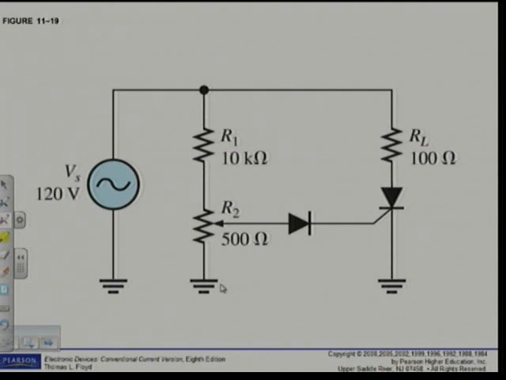All right. Here they give us a circuit. The supply voltage or the source voltage is 120 volts. R1 is a 10 kilo ohm, R2 is a 500 ohm variable resistor, and the load resistance is also 100 ohm. Alright, now they want, first of all, the load current, they want IL.